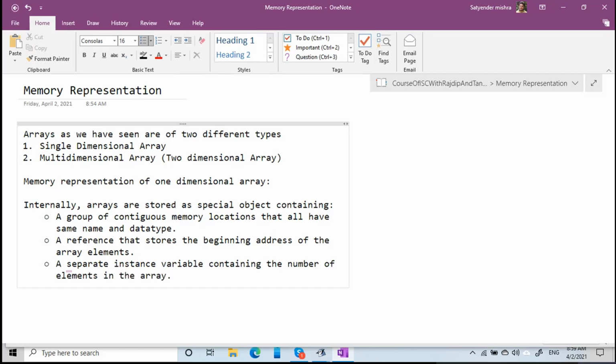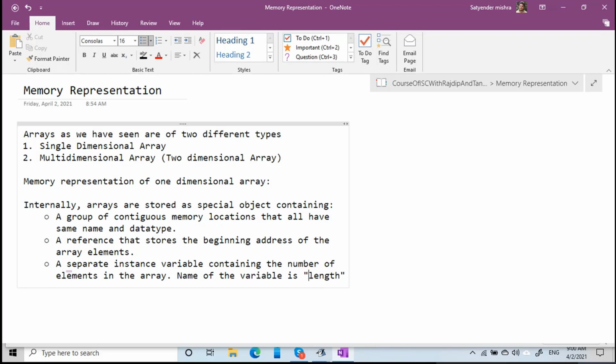A separate instance variable containing the number of elements in the array, and the name of the variable is length. This length variable keeps the number of elements in the array, which we have used in our life, right?